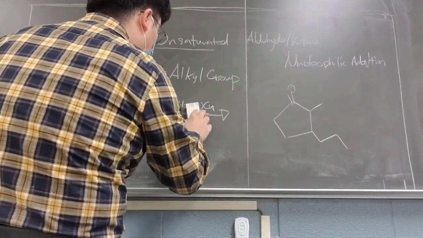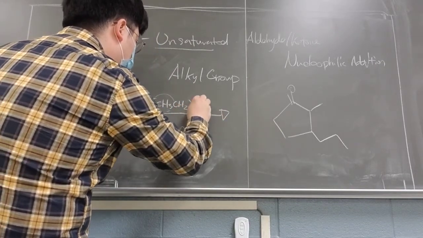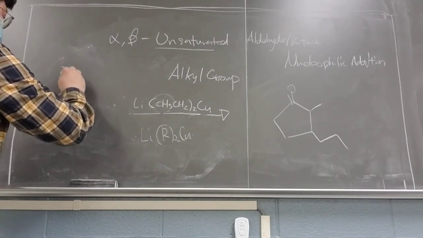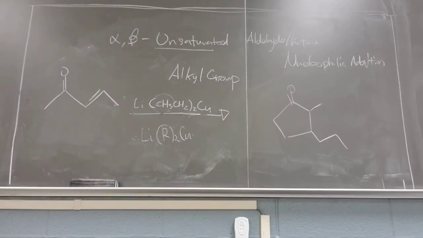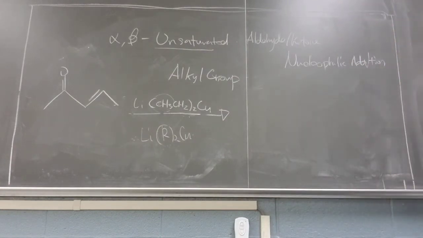Okay, let's try one more. Try to find the alpha and beta carbon, and do the addition of one R from the diorganocopper to the beta carbon. That's it.